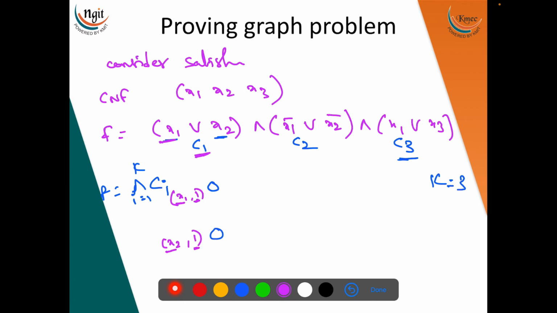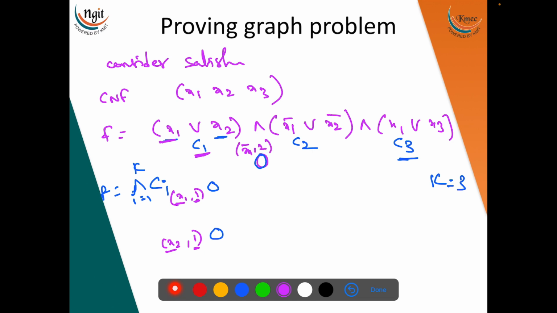Now we'll take the negations too. These are x bar, or negation. Negation x1 dash, so this one is x1 dash comma 2.